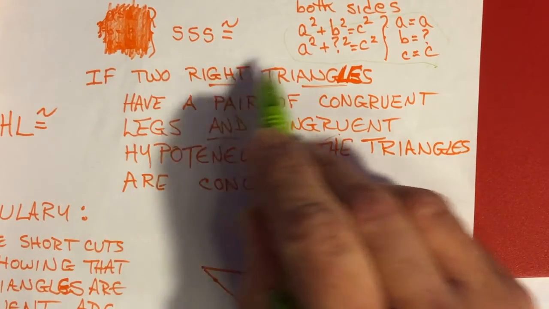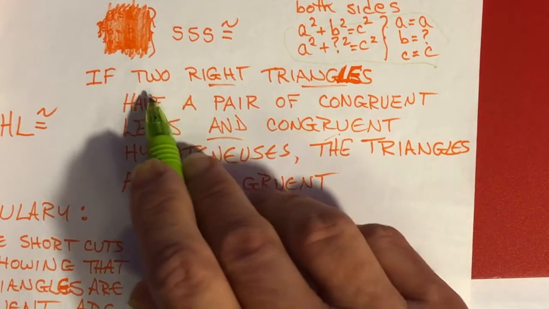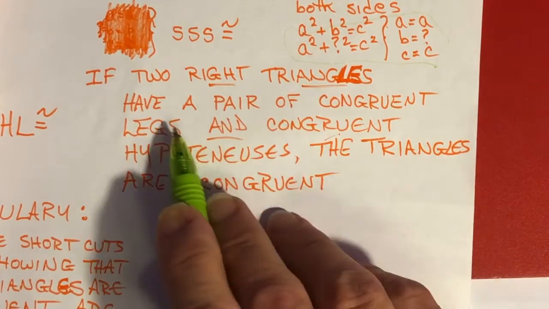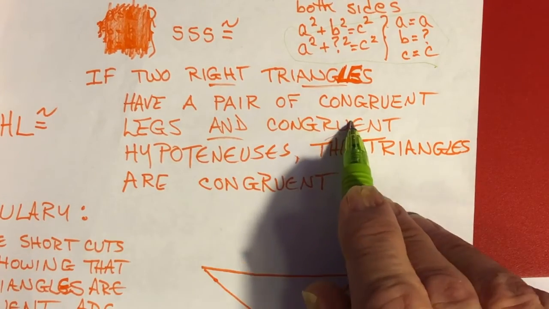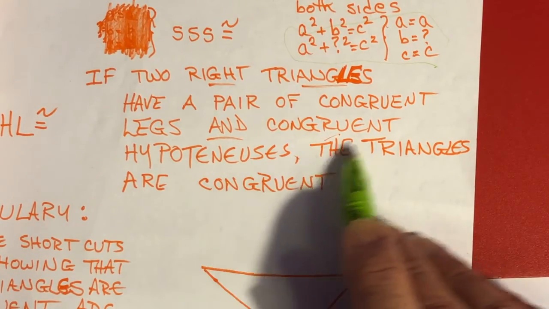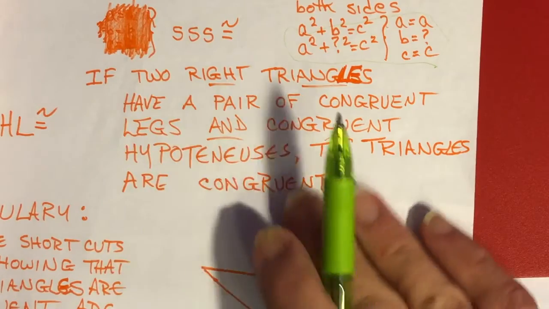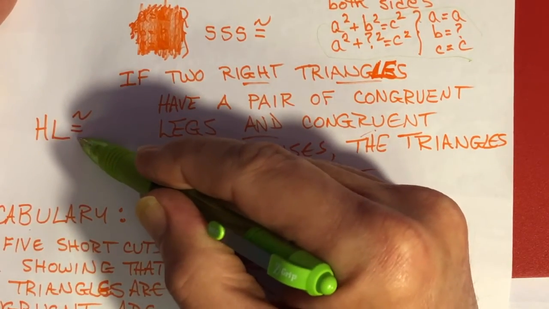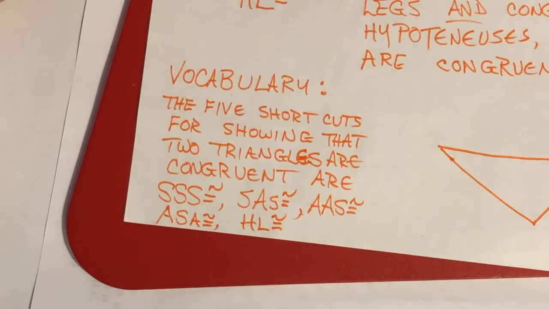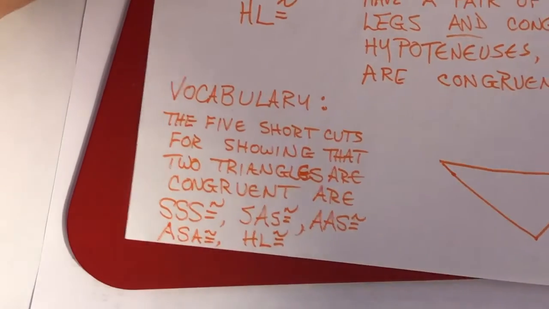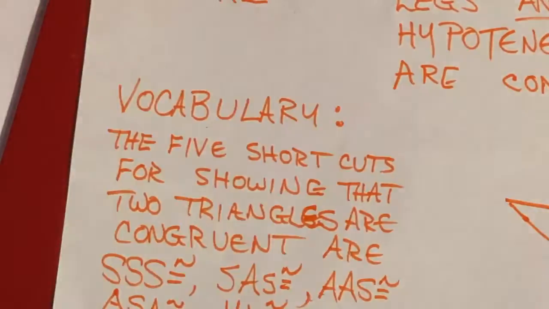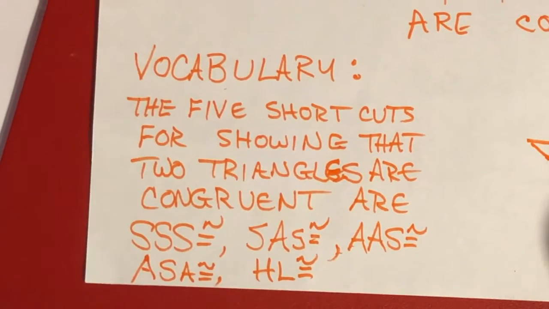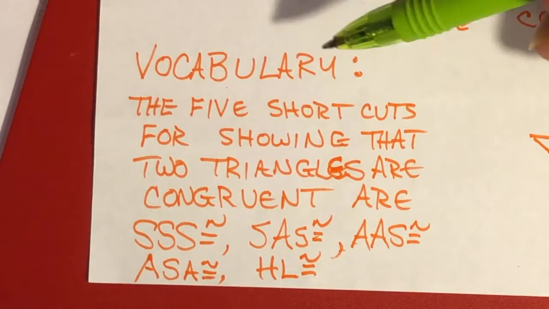If you have two right triangles, and those right triangles have a pair of congruent legs and congruent hypotenuses, the triangles are congruent. We call that hypotenuse leg congruency. And that pretty much brings you up to date on all of the different kinds of ways you can prove that two triangles are congruent. And in the process, we've covered some vocabulary here.